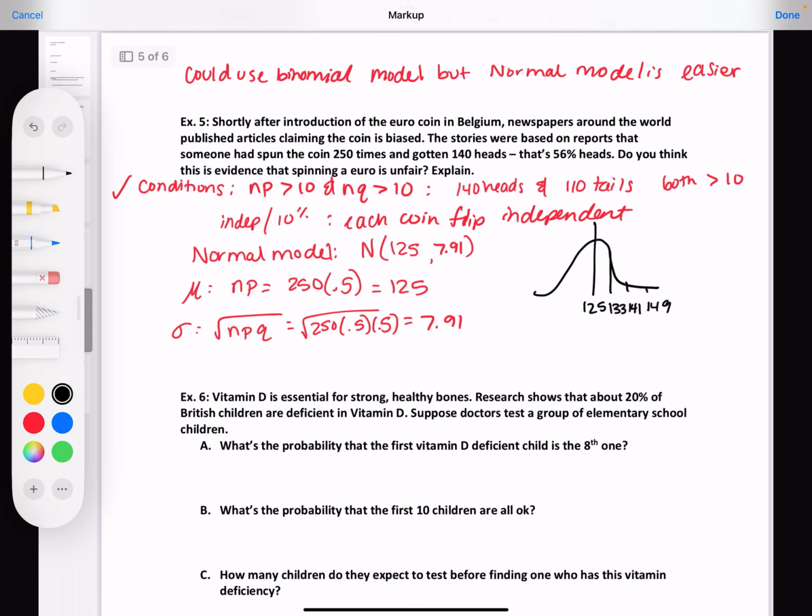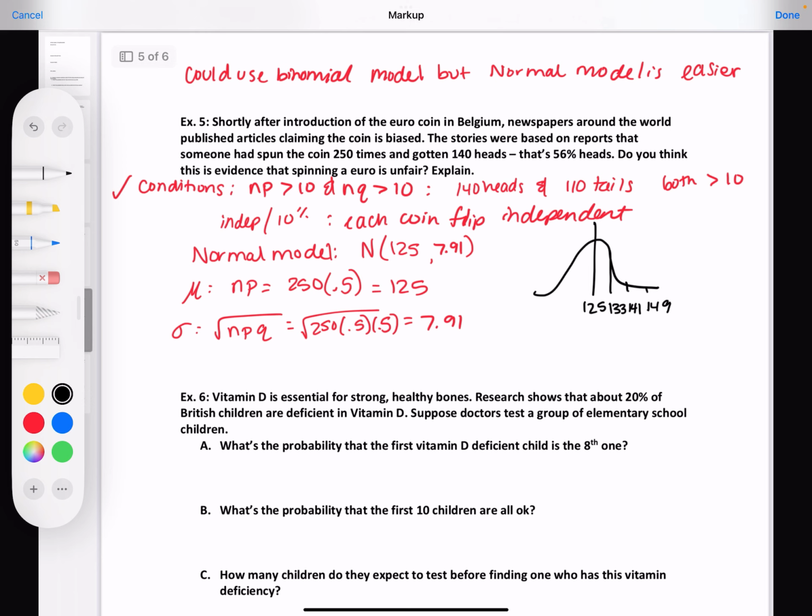The other way to look at it is, I always forget what it's called, normal CDF, I think it is, where we would start at 140, then do 1E99, then put in our mean and standard deviation, so 125, and then 7.91.